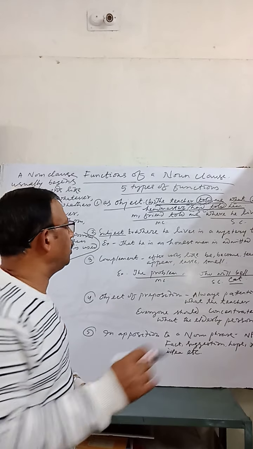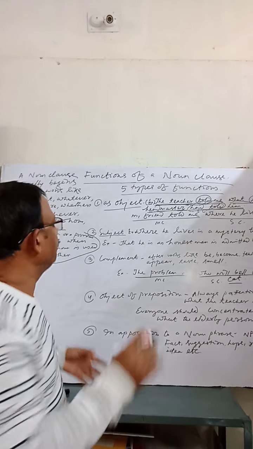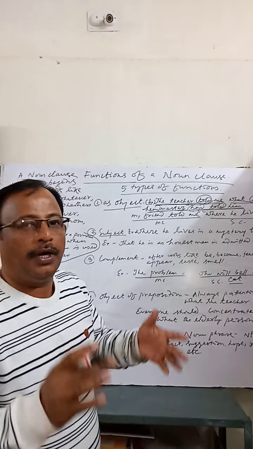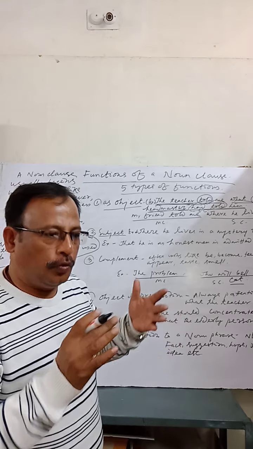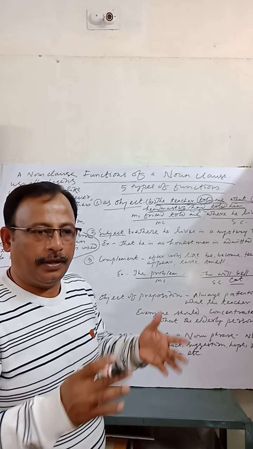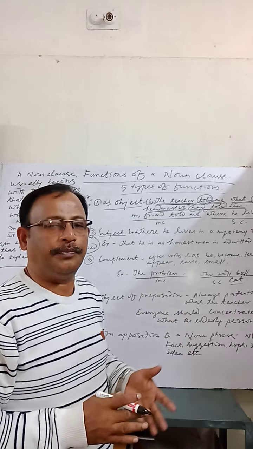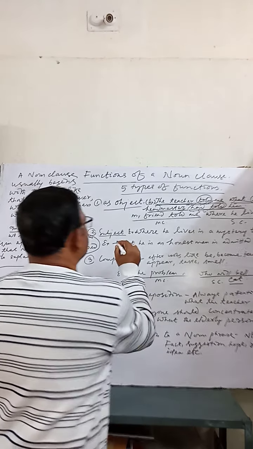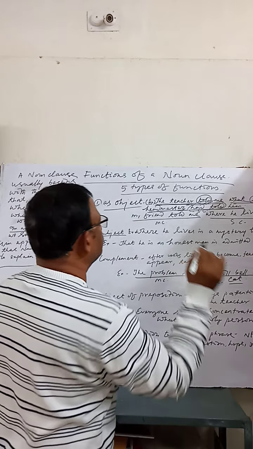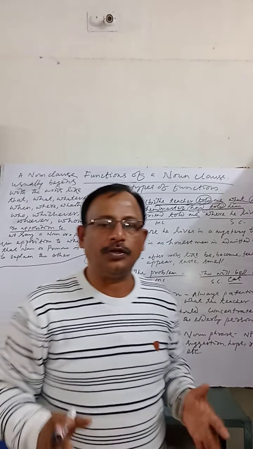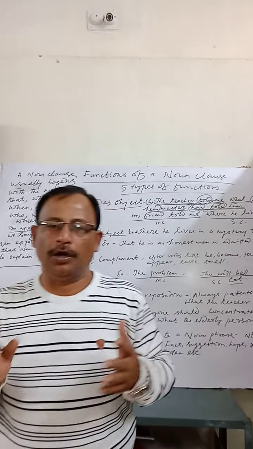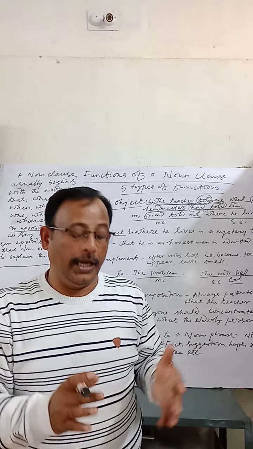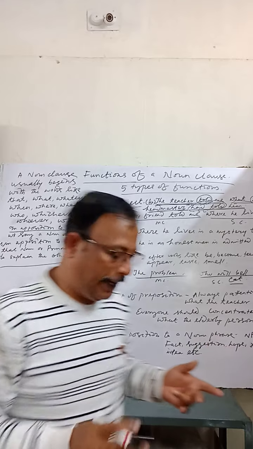Another example: the teacher told me that the student had done something wrong in the class. That the student had done something wrong in the class is a subordinate clause and it begins with the word that.